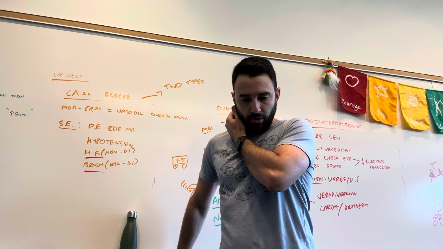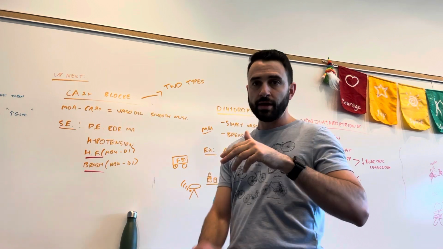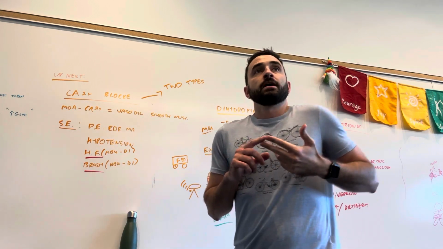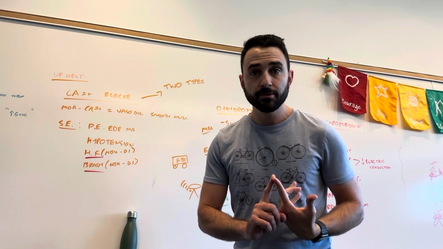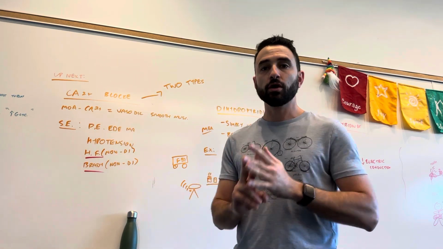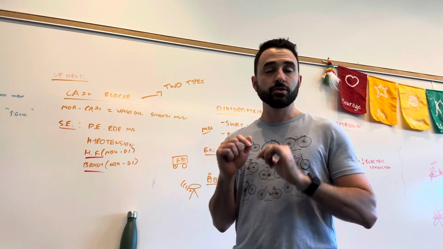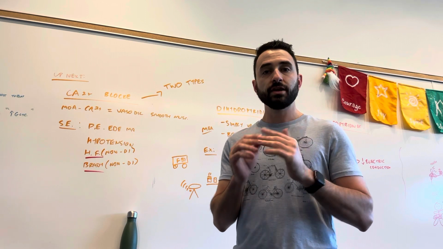Examples of calcium channel blockers. There are 2 kinds. There are the dihydropyridines and there are the non-dihydropyridines. We're gonna first talk about the dihydropyridines because these are just vasodilators.